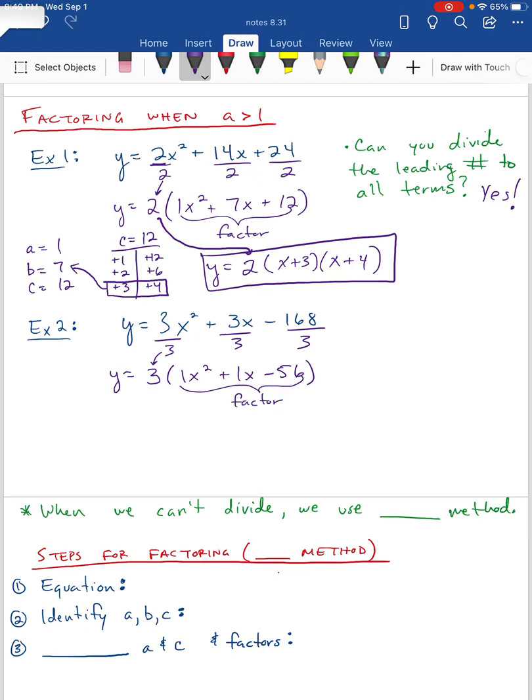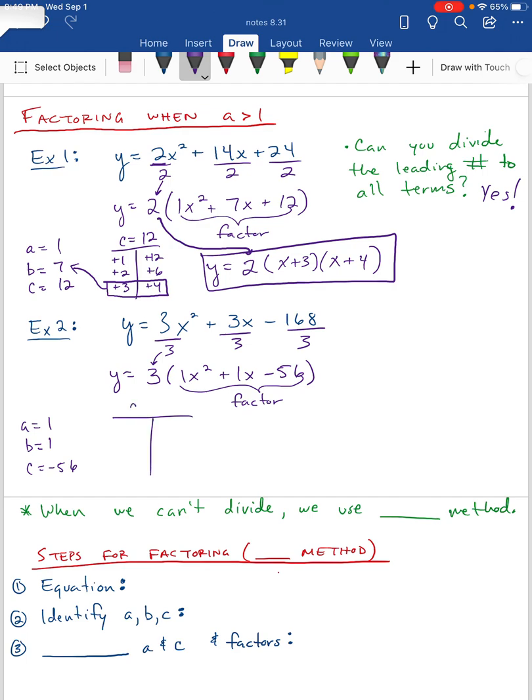Now all you have to do is factor what is inside the parentheses using the same steps that we learned yesterday. So I have a equal to 1, since that is my new a term, b equal to 1, and c equal to negative 56.